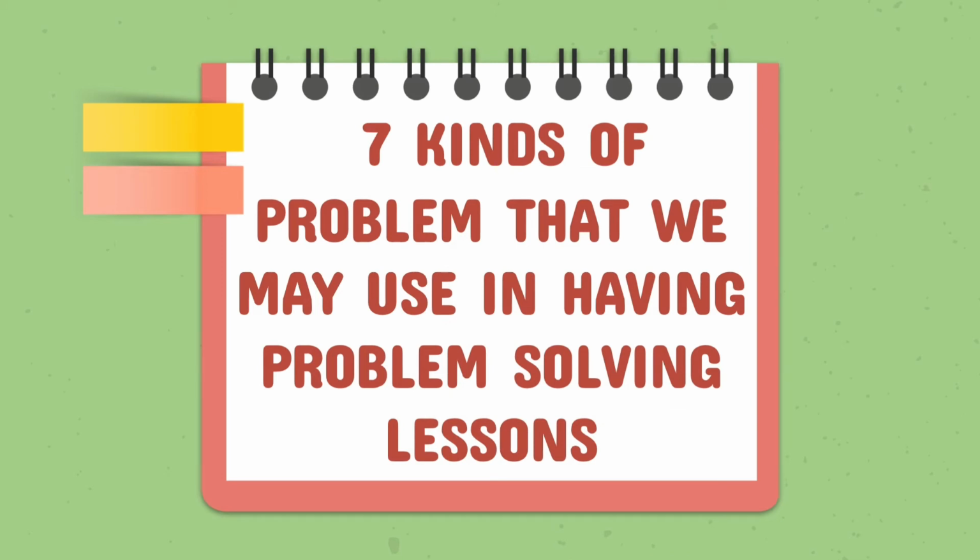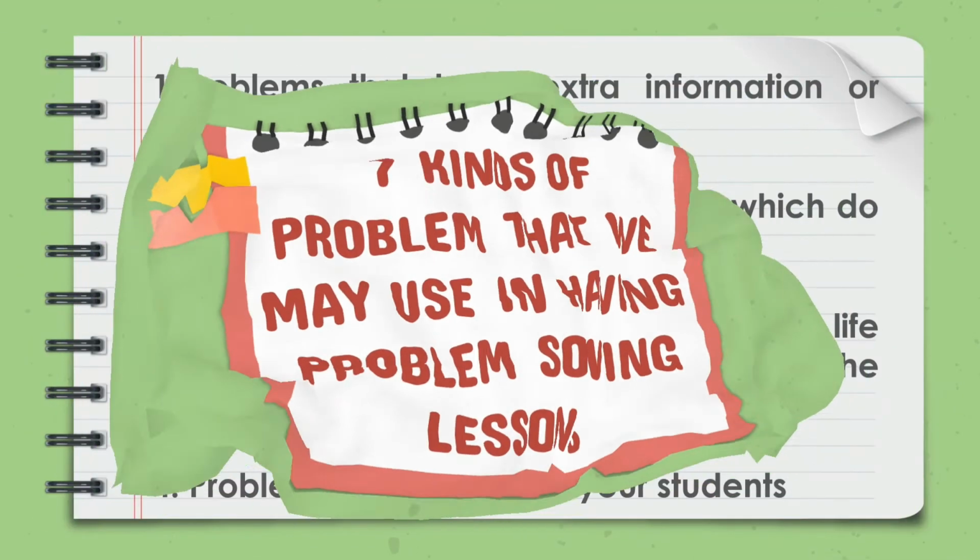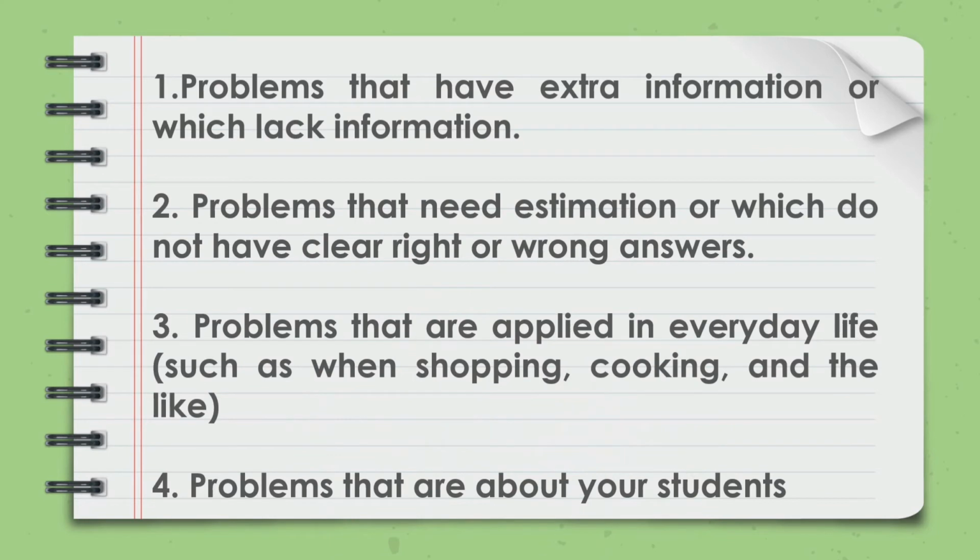There are 7 kinds of problems that we may use in problem solving lessons. First is problems that have extra information or which lack information. Number 2, problems that need estimation or which do not have clear right or wrong answers. Number 3, problems that are applied in everyday life such as when shopping, cooking, and the like.